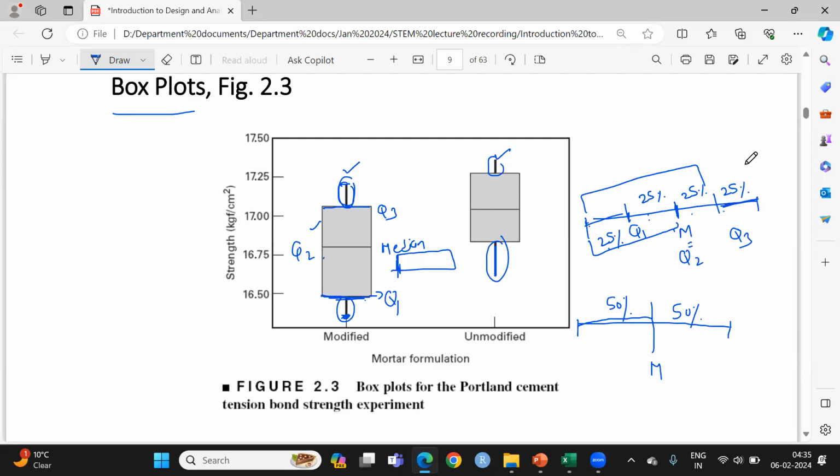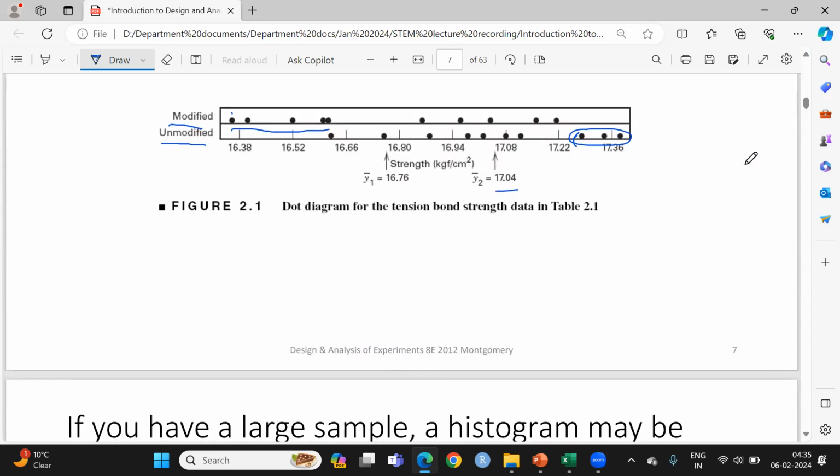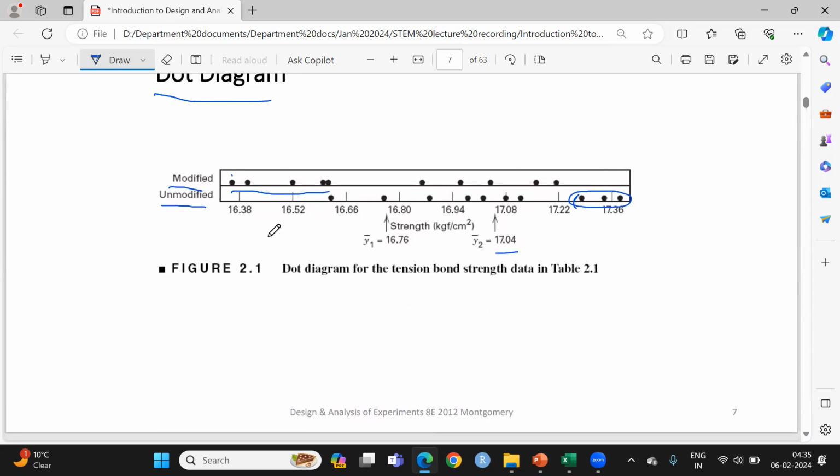That can be easily visualized from this dot plot also, that the values of the unmodified variable start from 16 point something, close to 16.55 or something.